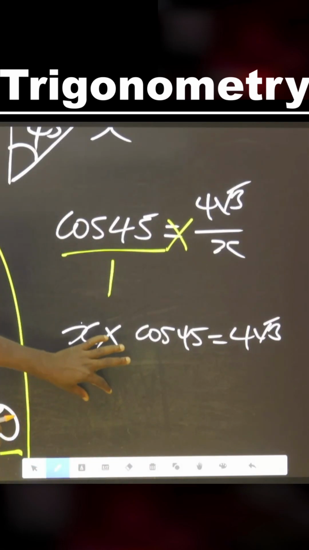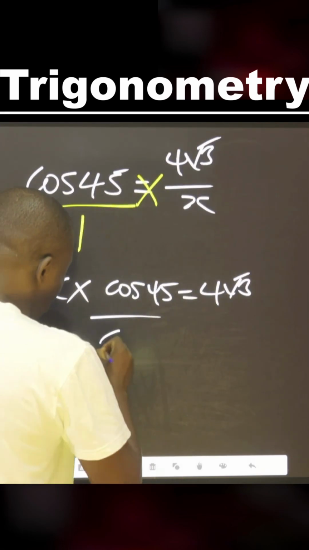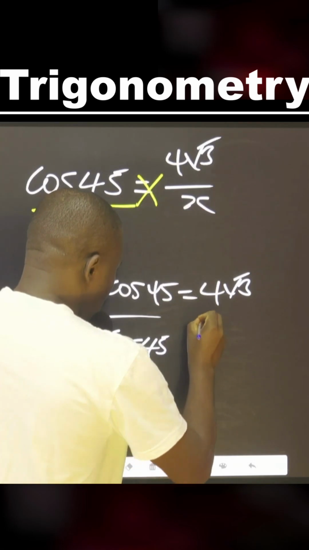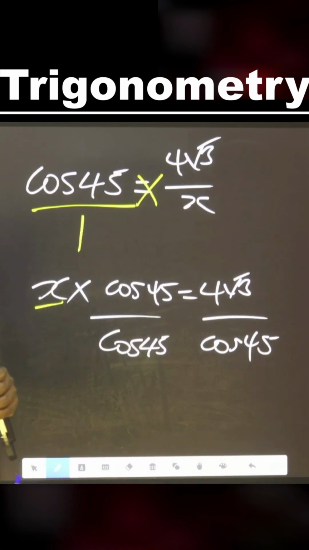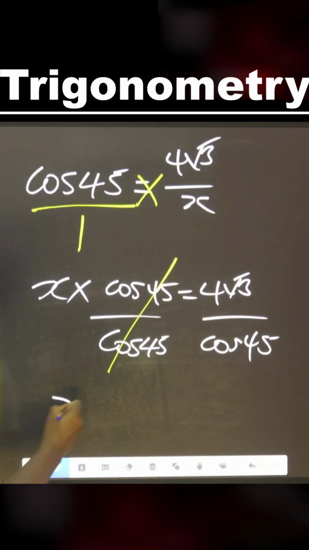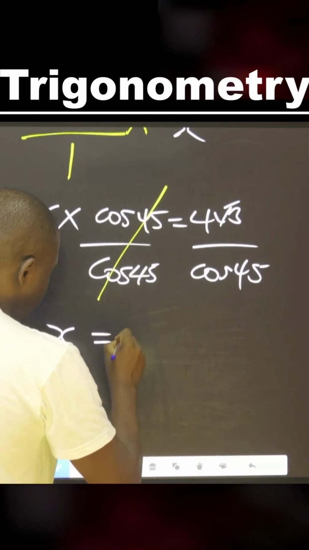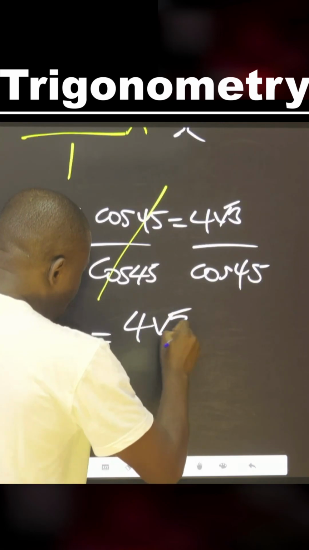We're going to divide both sides by cos 45. Why? Because we want X to remain alone. X cannot remain alone with this guy here, because X is what we are looking for.